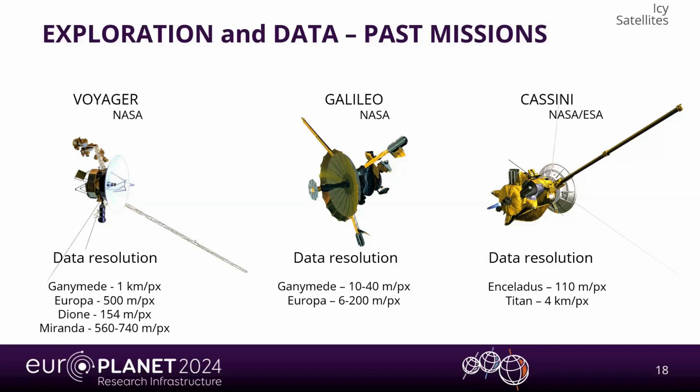Such data allow us to perform global mosaics of Europa and Ganymede based mostly on Voyager images and Galileo images that cover some spots on such mosaics. And for the Saturnian system, the Cassini mission performed an excellent work by taking regional and local scale resolution data that allow to produce global scale mosaics, for instance, of Enceladus.